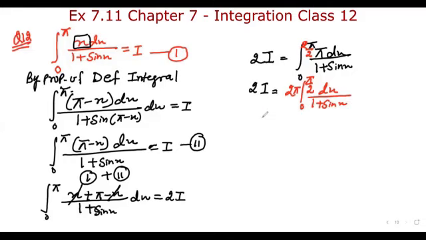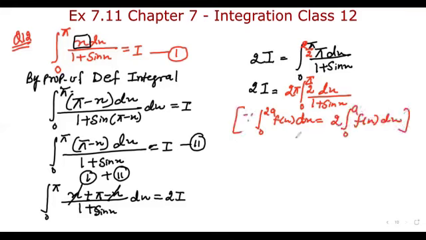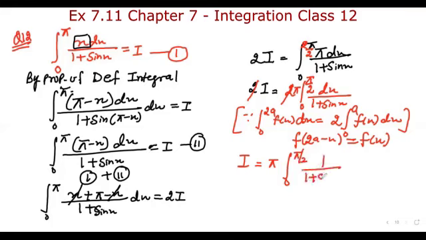Because when I have the integral from 0 to 2a of f(x) dx, I can have 2 into the integral from 0 to a of f(x) dx, but the condition is f(2a minus x) must be equal to f(x). So that condition is satisfied here. So 2 and 2 will cancel. I is equal to pi times the integral from 0 to pi by 2 of 1 upon 1 plus sin x.